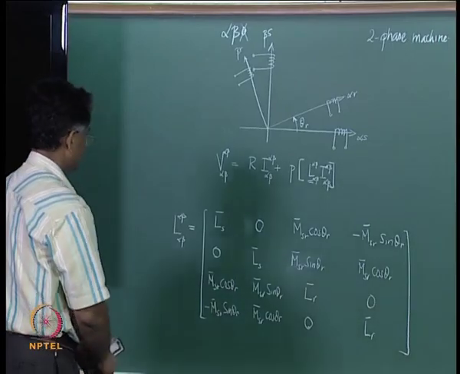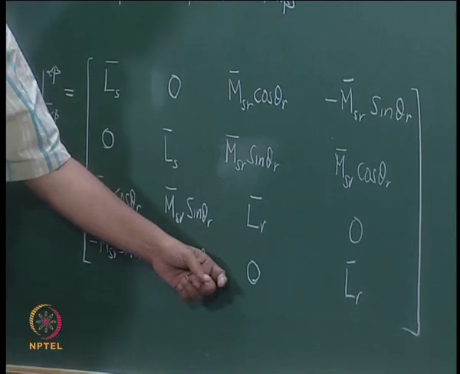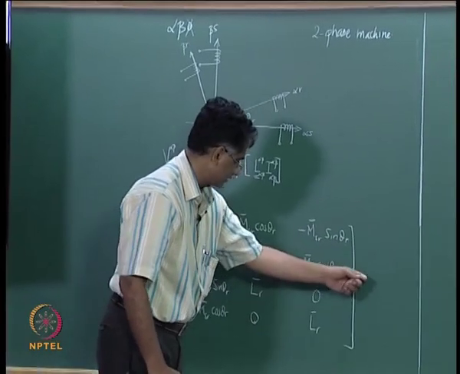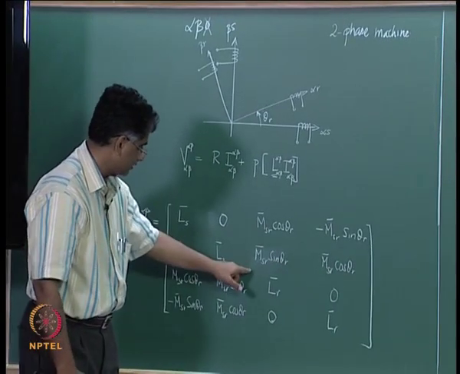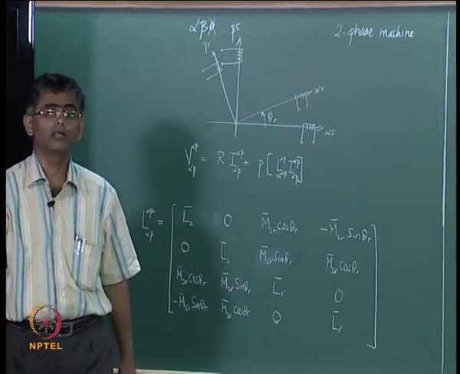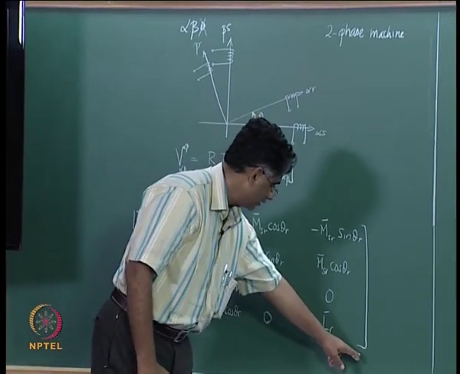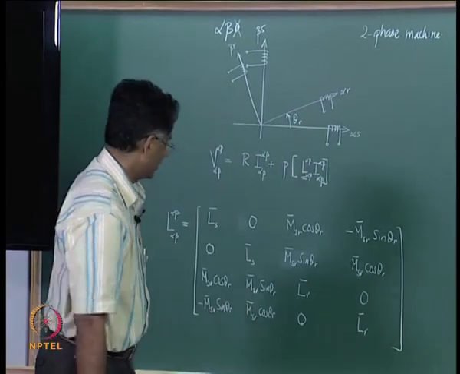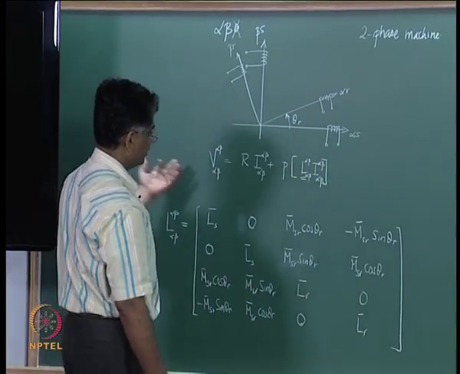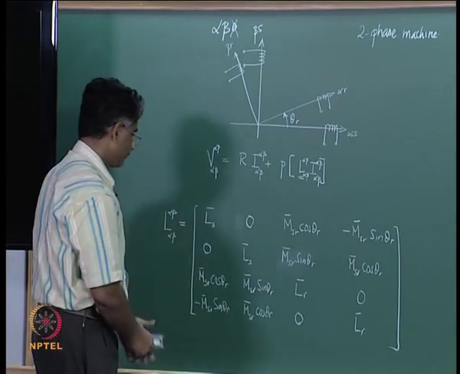If 0 sequence component was there, you want to include that, then you would have one column here extra, one column here extra, one row here extra, and one row here extra. Only the term coming here will have an entry, and that corresponds to the leakage inductance of the stator, and similarly here there would be another entry which corresponds to the leakage inductance of the rotor. We already know that from the earlier derivations that we have done, going from 3 phase to 2 phase.